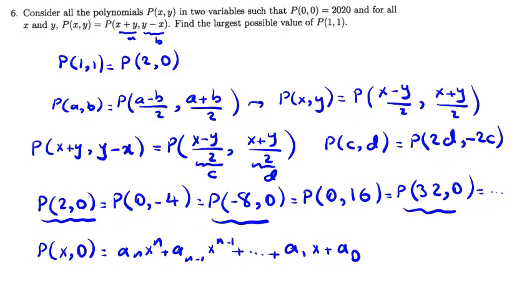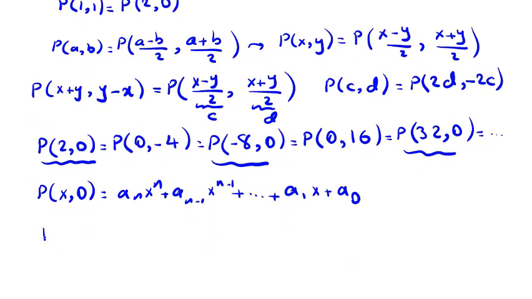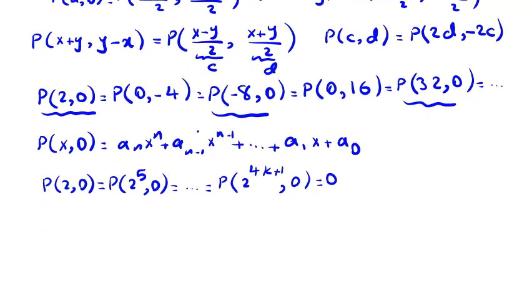In general, p(2, 0) is 0, p(2 to the power of 5, 0) is 0. And you can easily prove that p(2 to the 4k plus 1, 0) equals 0. So infinitely many solutions it has. And also you can use negative 8. You can find infinitely many solutions for this.